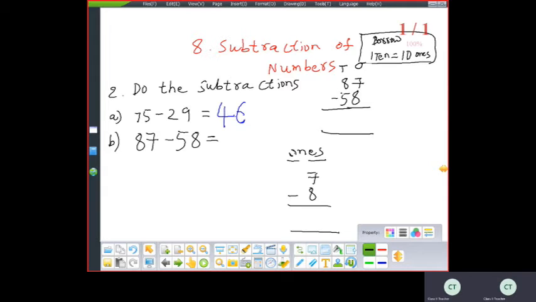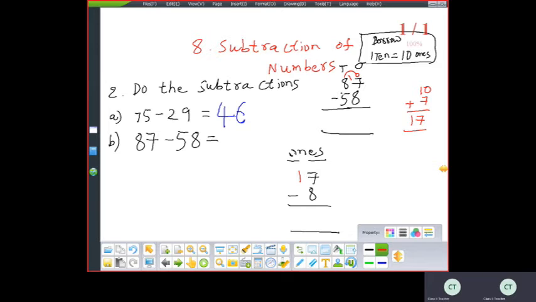We cannot take bigger number from small number. In this time we need borrow. From 8 tens we take 1 ten. 10 plus 7, 17. It is 17. 17 minus 8.